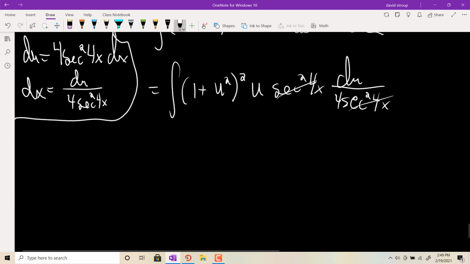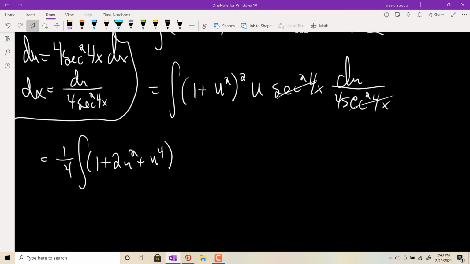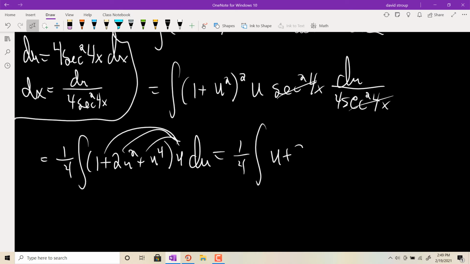Factor out the 1/4 of the integral of 1 plus 2u squared plus u to the 4th, times u, times du. Then you can distribute the u and get 1/4 the integral of u plus 2u cubed plus u to the 5th du, and then we can do power rules on all that material.